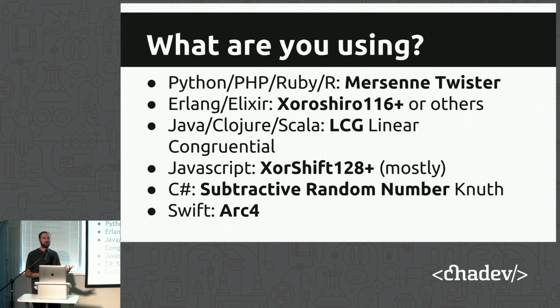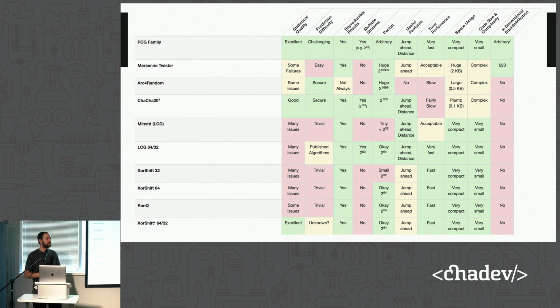So what random number generator algorithm are you using? Depending on versions and whatnot, this is generally what you'd see. The most popular one there at the top is the Mersenne Twister. A lot of languages have switched recently. JavaScript recently switched around, and of course it depends on which implementation you're using. And the authors of PCG have this wonderful chart which has them at the top, which shows all green, of course.